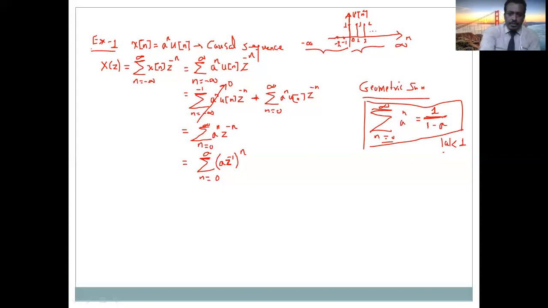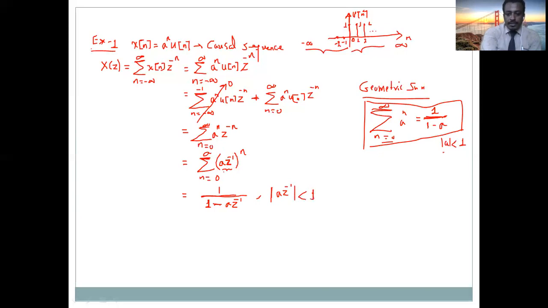So based on this geometric sum formula, what is this summation? This summation will be 1 over 1 minus what is inside here. It is a times z to the power of minus 1. This summation converges to this if and only if the absolute value of a times z to the power of -1 is less than 1.